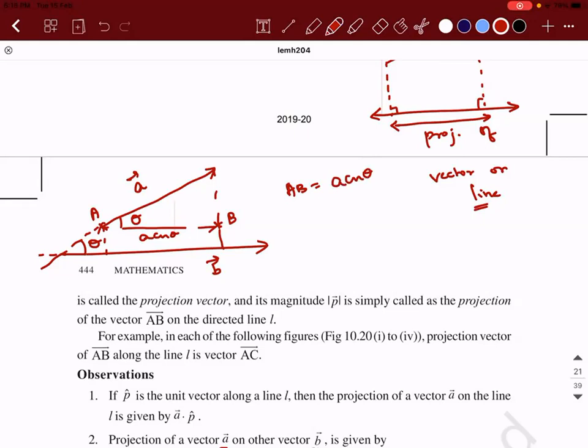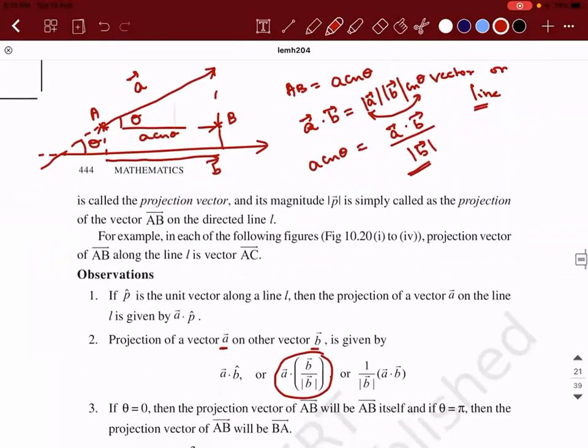And that AB is what I can call the projection, because a projection is basically the distance between the feet of the perpendiculars. So AB is equal to A cos theta. We know that A vector dot B vector is equal to magnitude of A vector into magnitude of B vector into cos theta. So this A cos theta, if I call it the projection, will be equal to A vector dot B vector divided by the magnitude of B vector. That is what is given as the formula.